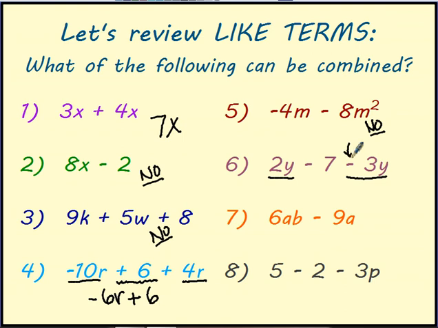Remember that this minus sign goes with the 3y. The sign in front of a number stays with the number. So really I have 2 y's and I'm subtracting another 3. That gives me negative 1y, or I can just write it negative y, and I still need to include that minus 7 in the middle.